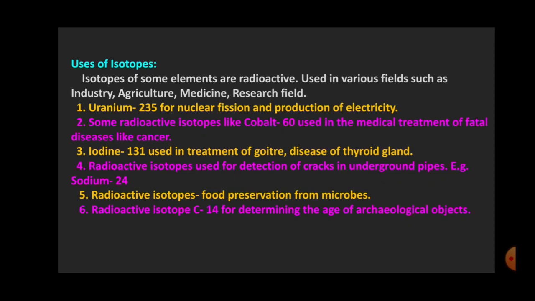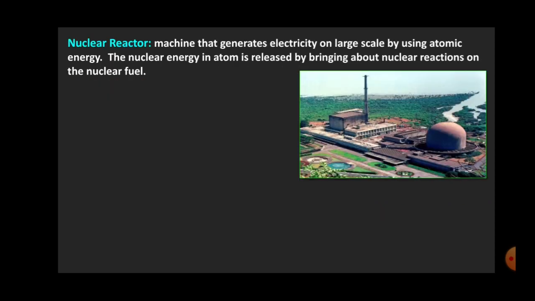And the last one is radioactive carbon-14, C14. It is used for determining the age of archaeological objects. This you will be studying when you go to your 10th standard, how to determine the age of archaeological objects. Okay. So, students, this is all about the uses of the isotopes.